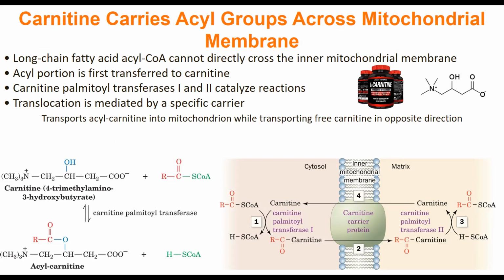And the problem here is there is no carrier for Acyl-CoA. We cannot take Acyl-CoA from the cytosol and move it across the inner mitochondrial membrane to the matrix. We don't have that protein, that transporter.